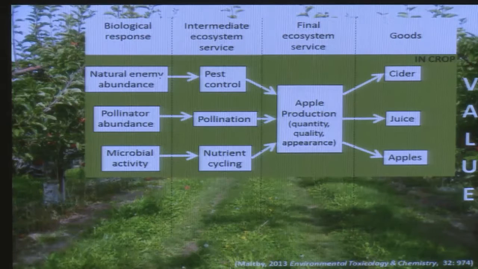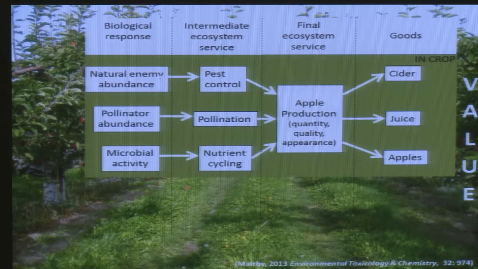The abundance of natural enemies, the abundance of pollinators, microbial activity. So we go from ecological structure and function through to ecosystem services, and then through ecosystem services to benefits and enhancement of human well-being. That's the causal chain in ecosystem services.